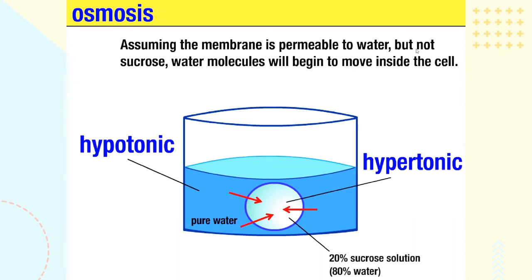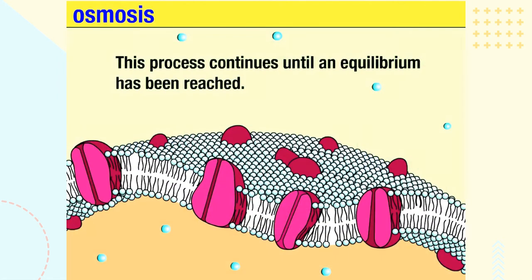Assuming that the membrane is permeable to water but not to sucrose, water molecules will begin to move inside the cell from 100% concentration outside to 80% concentration inside. So that will be the movement of water. Now, similar to diffusion, this process will continue until an equilibrium has been reached.